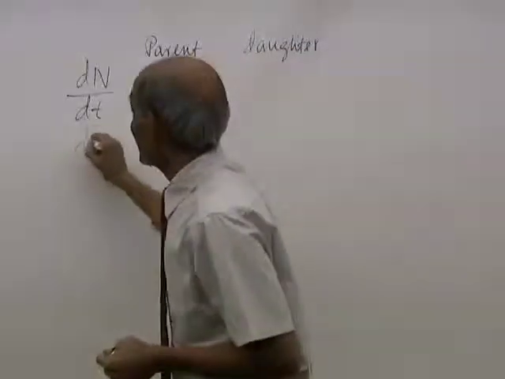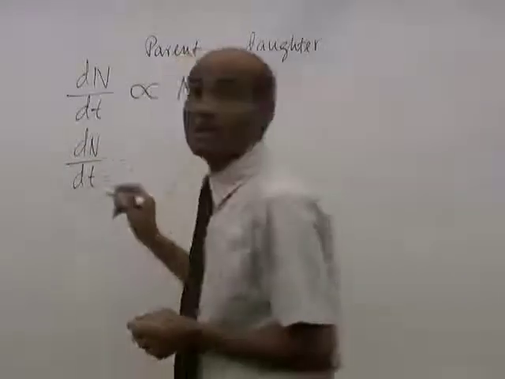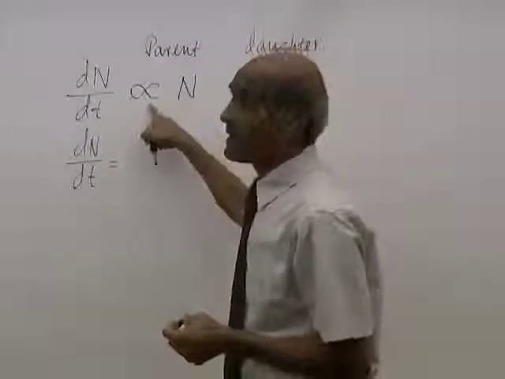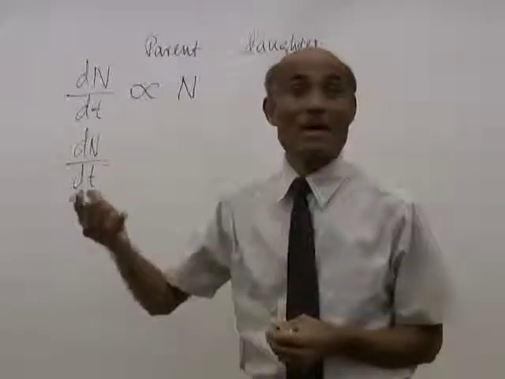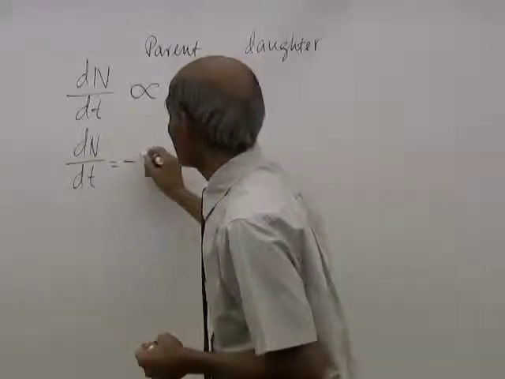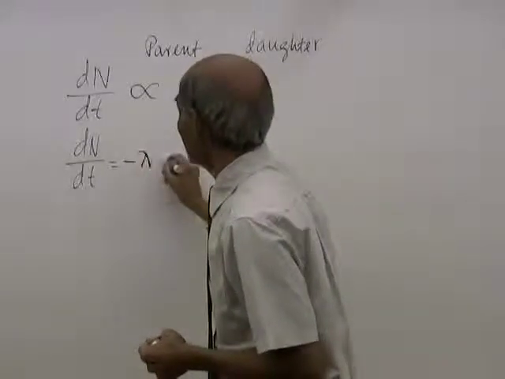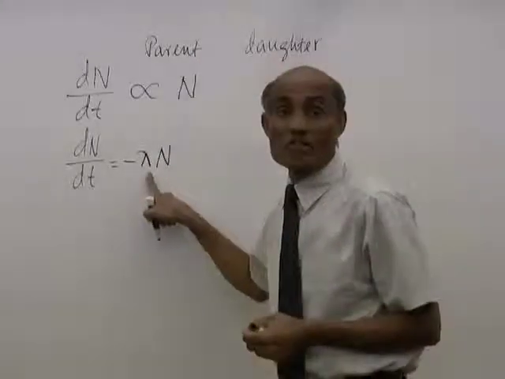Yes, I'm going to change that and write dn over dt equal to, when I replace the proportionality by an equal sign, I need to add a constant. Alright, tell me what this means. Negative lambda times n, where this lambda is a constant.